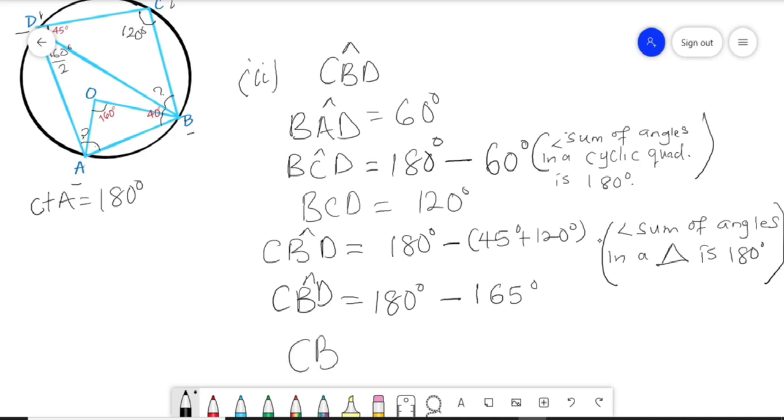So the angle CBD is equal to 15 degrees. And this is our answer for the angle CBD.